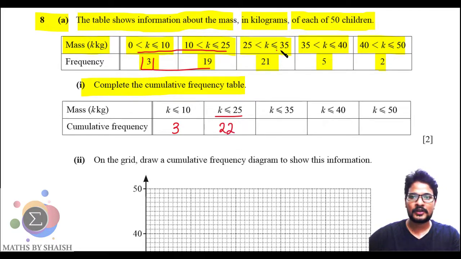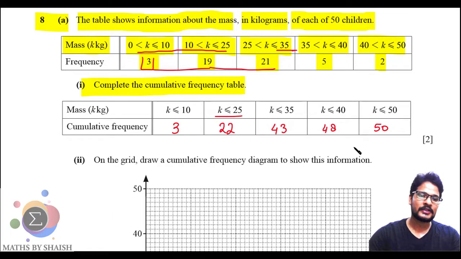Then for less than 35, we add this also, 22 plus 21, it is 43. Then 43 plus 5, because it is k less than or equal to 40, it is 48. And the last, 48 plus 2, it is 50. So this is the cumulative frequency.